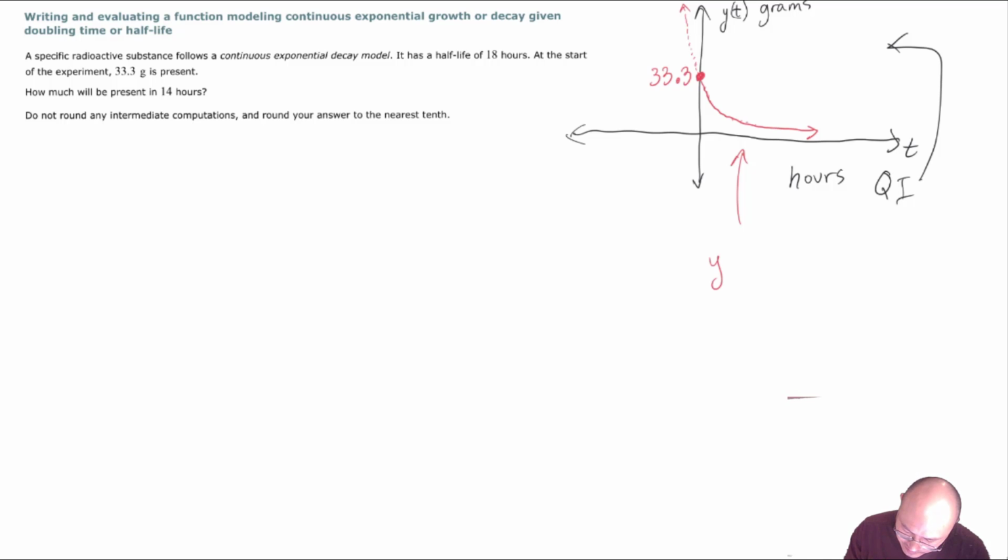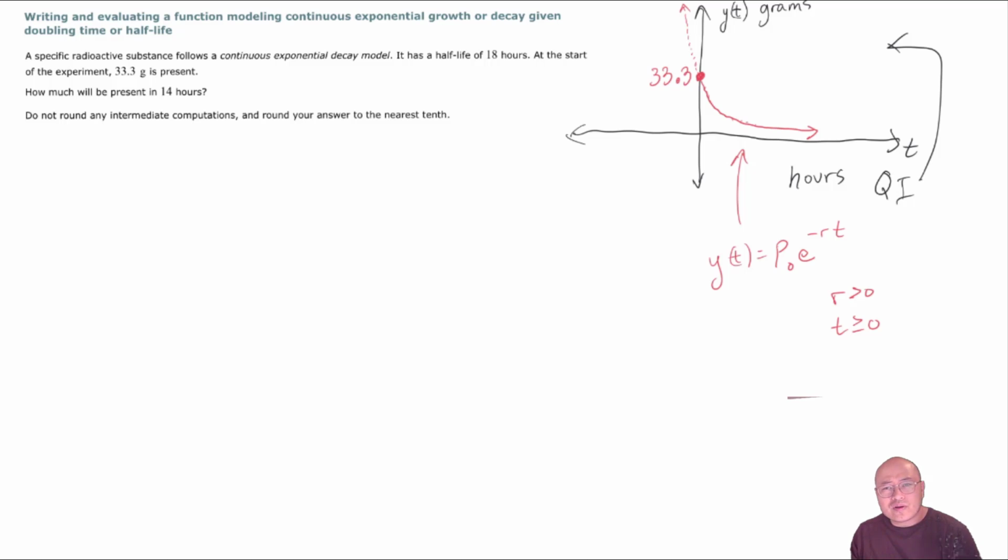In this case, y of t is being expressed as some initial population, I call it p sub naught, times base e, and it's a decay, so we have to have a negative r times t, where r is greater than 0, and t is greater than or equal to 0.